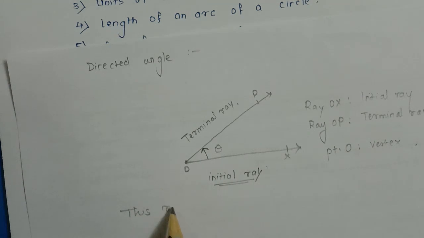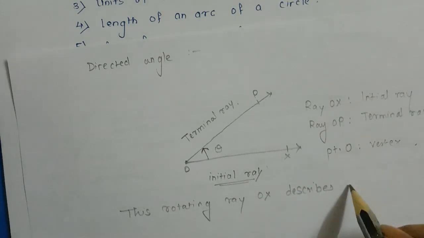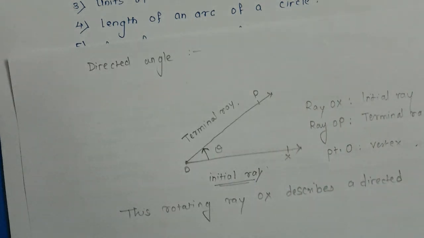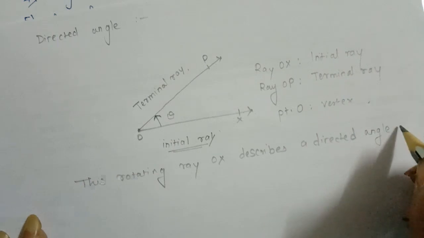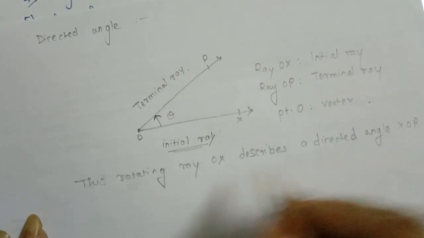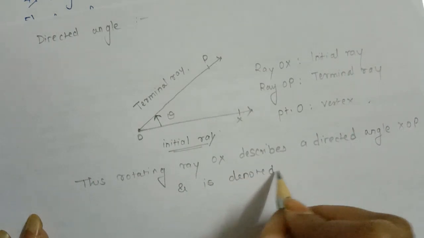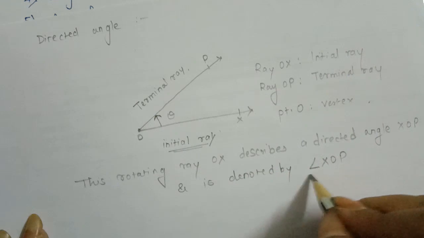This rotating ray OX describes a directed angle XOP and is denoted by angle XOP in this way.